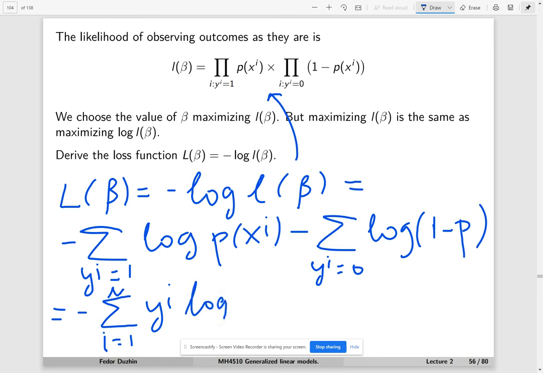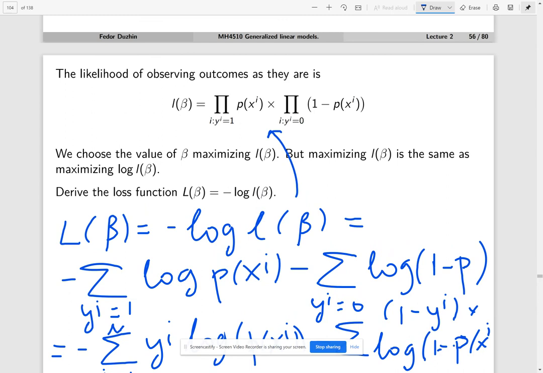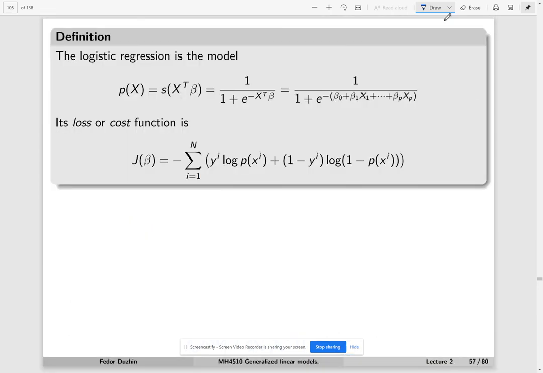So we have the sum of yi times log of p of xi, minus, by the same logic, the sum of 1 minus yi times log of 1 minus p of xi. Okay, so this is how it works. In any case, this is the answer.